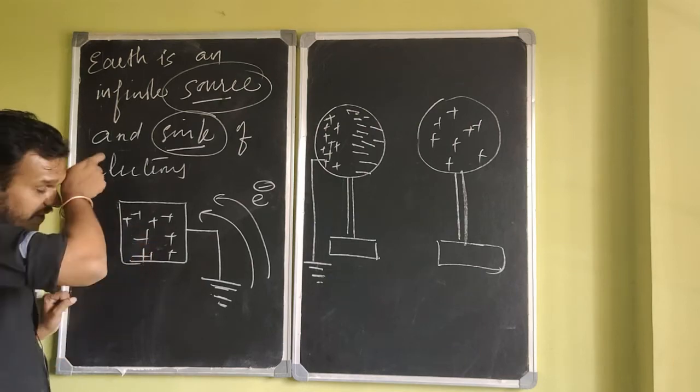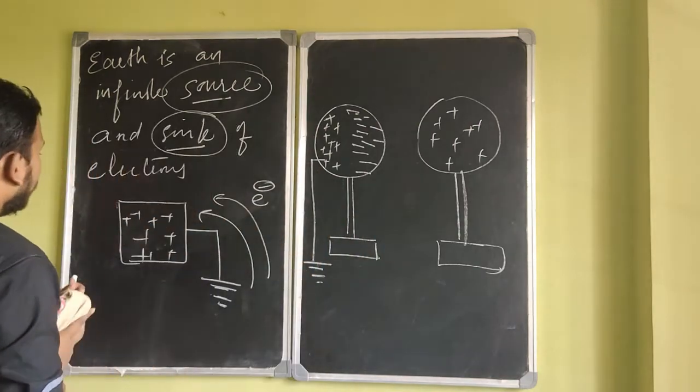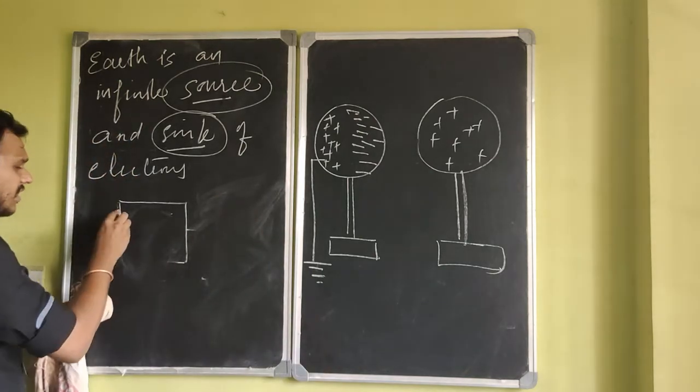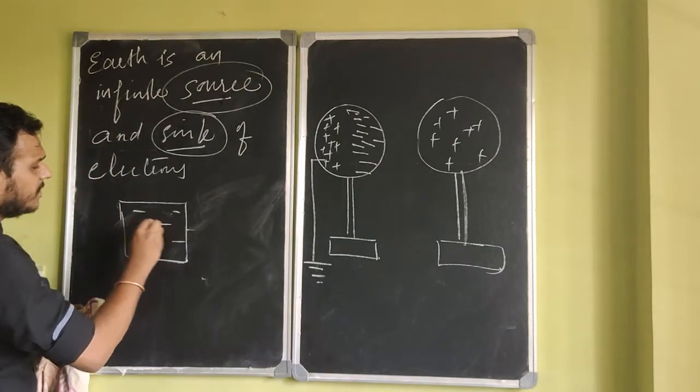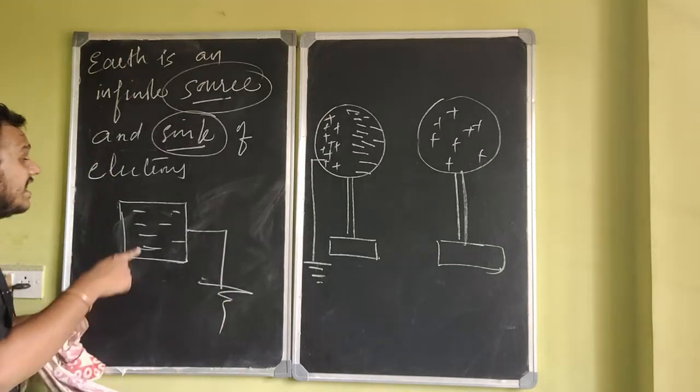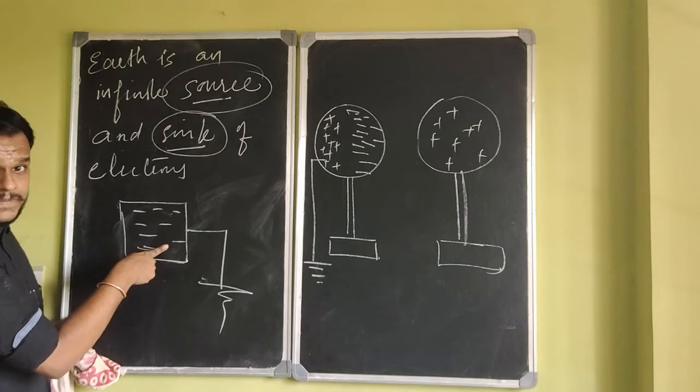Do you understand? Fine. Can I also connect a negatively charged object to Earth? Yes, totally. I'll take a negatively charged object and connect it to Earth. Once I connect it to Earth, now I have an excess of electrons.